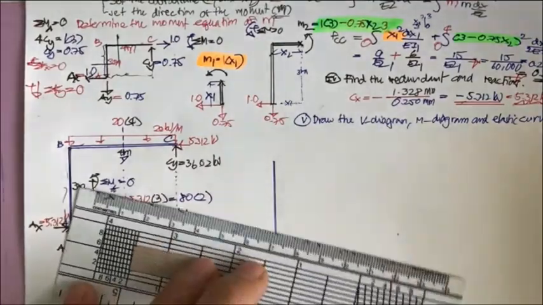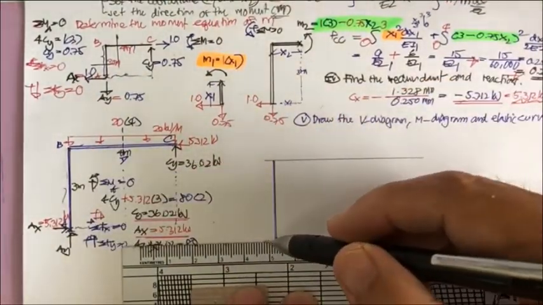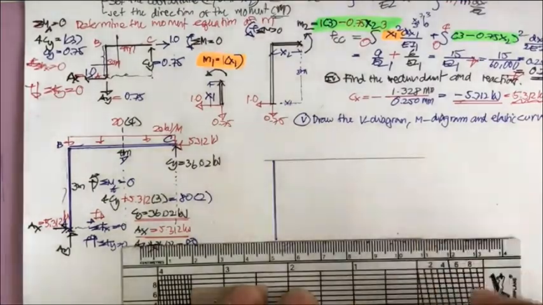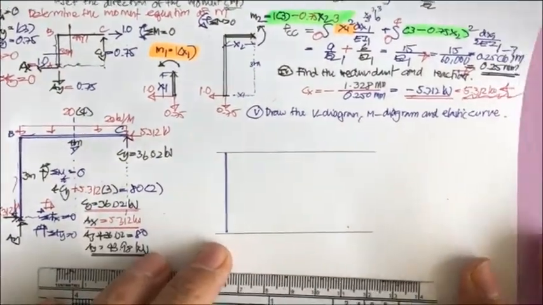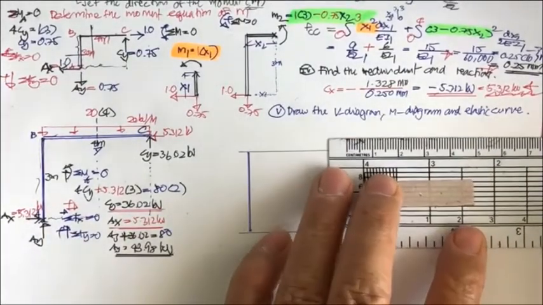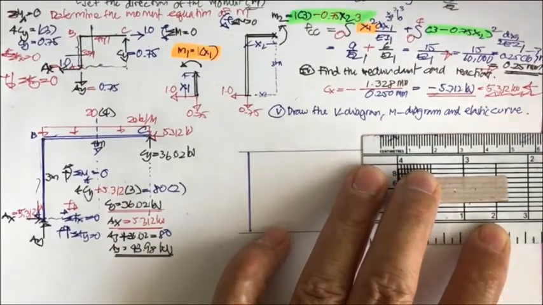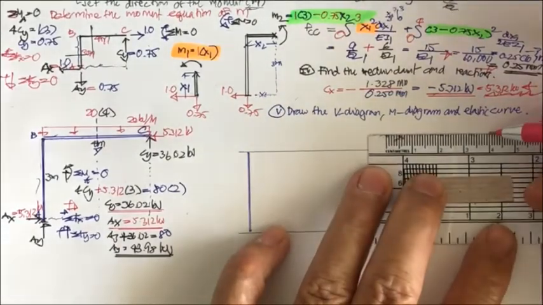And then you may project it to this direction to draw the shear diagram and the moment diagram. And also in this direction you may have 4 meters, right? So this is going to be 4 meters.